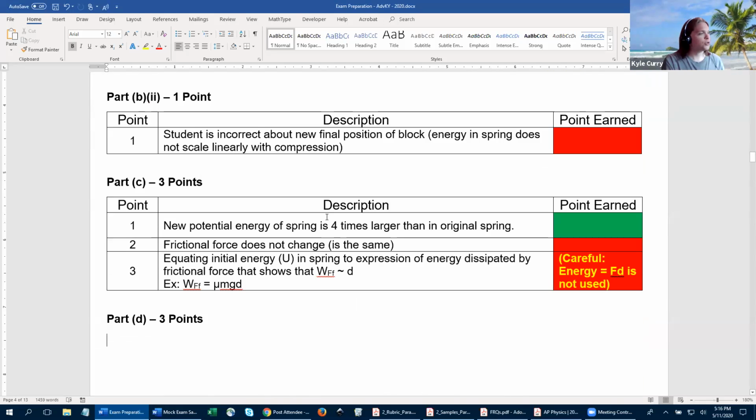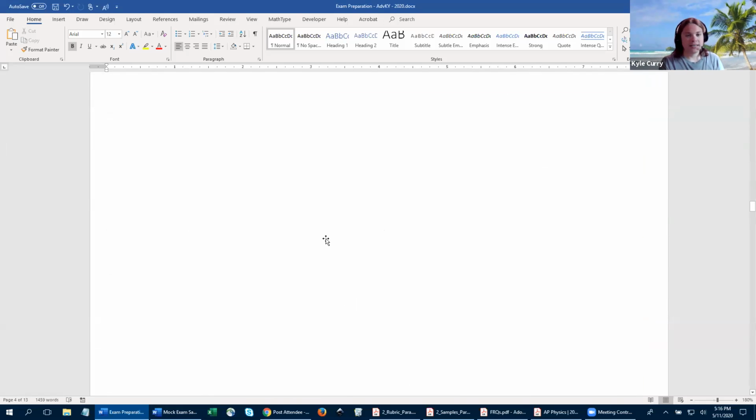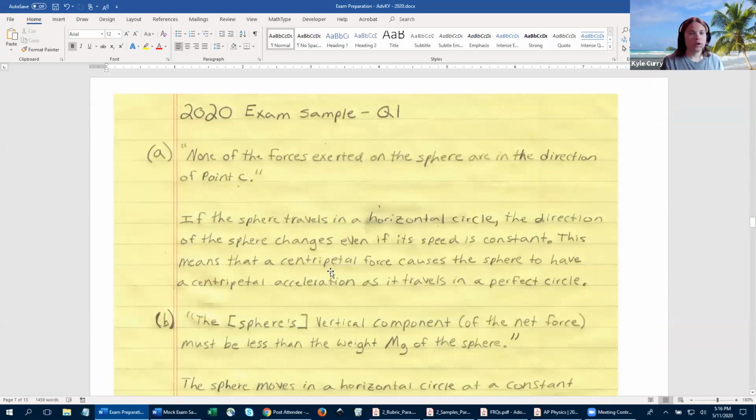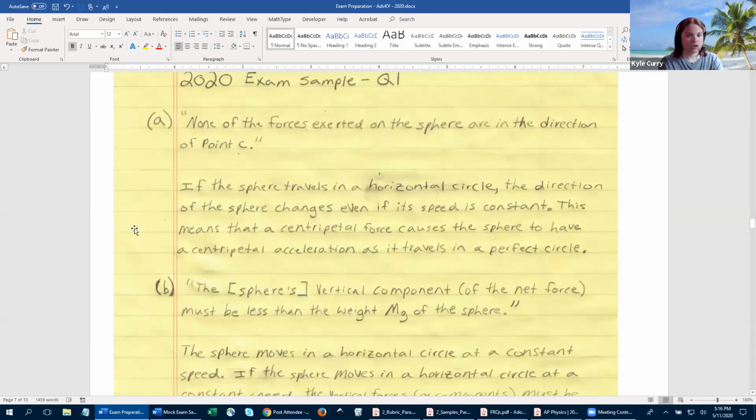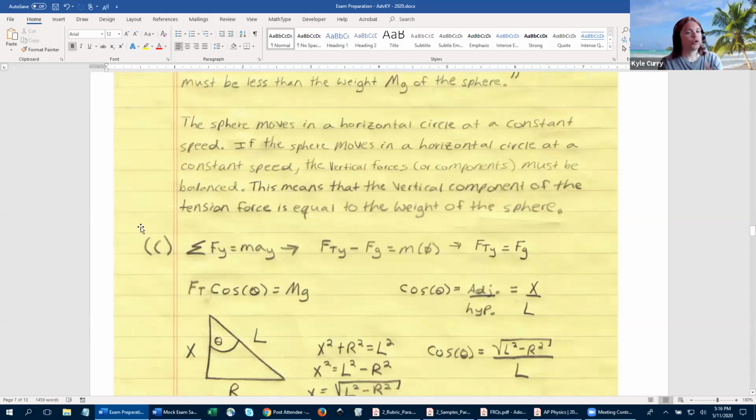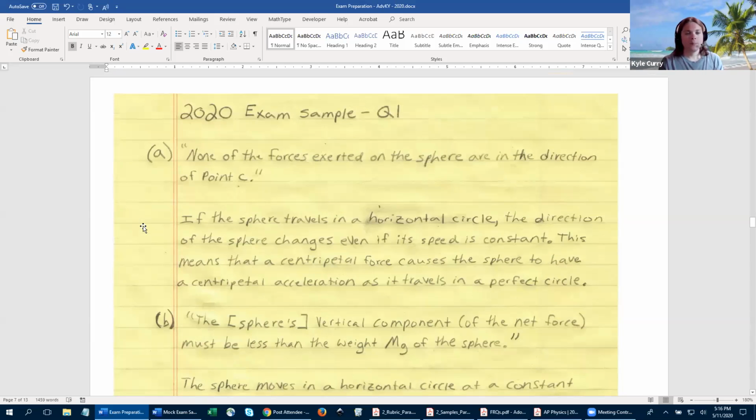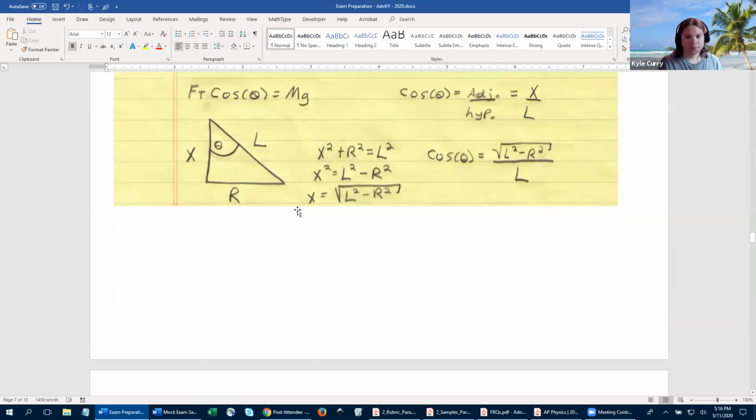But one thing that I want to let the students and the teachers be aware of: I actually worked out the 2020 sample exam questions, question 1 and 2. And I actually did it in 2 different ways. I did it in a way where I uploaded my own document. I used my own handwriting to show you all an example of providing a clear response so that the graders can actually read your handwriting and understand what you're saying.